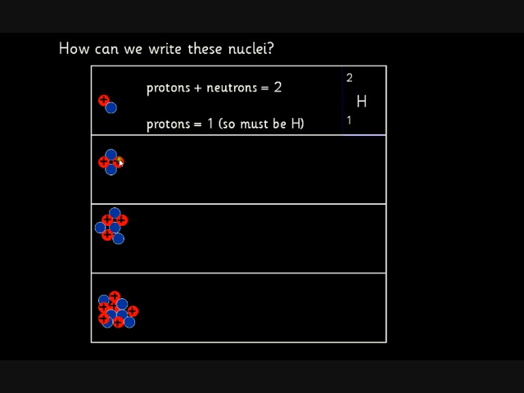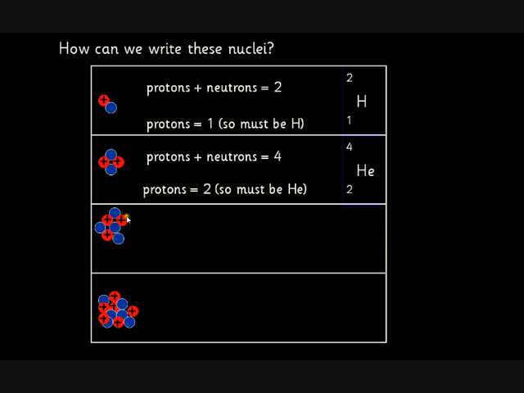Okay, let's have a look at this one. Second one, we've got 2 protons, and protons and neutrons together are 4. If I look at my periodic table, I know that must be helium. The mass number is 4, so if I wrote this out, again I'd have the symbol for helium, the atomic number of 2, and the mass number of 4. Same again for this one.